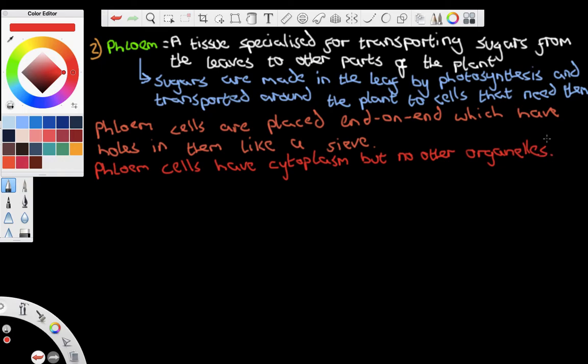For this reason, each phloem cell has a companion cell that has all of the organelles for them.